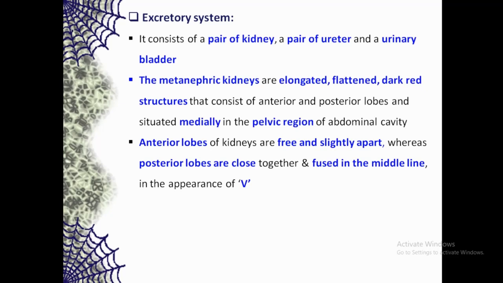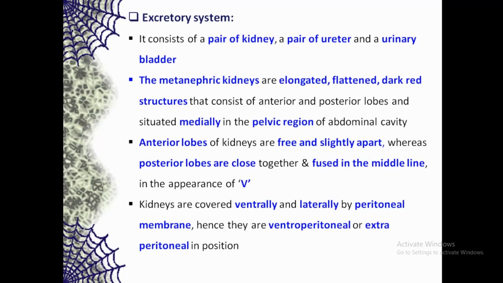Thus, they appear like the alphabet V. Both the kidneys are covered ventrally and laterally by the thin peritoneal membrane. Hence, the kidneys are considered as ventroperitoneal or extraperitoneal in position in case of Calotes versicolor.